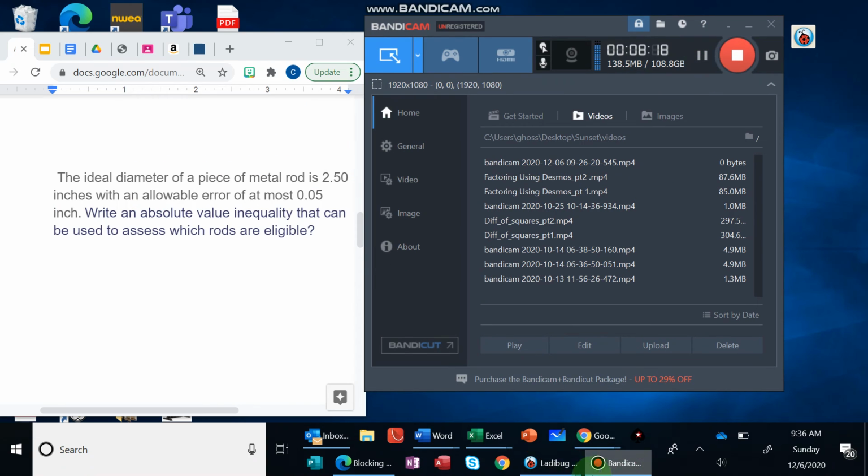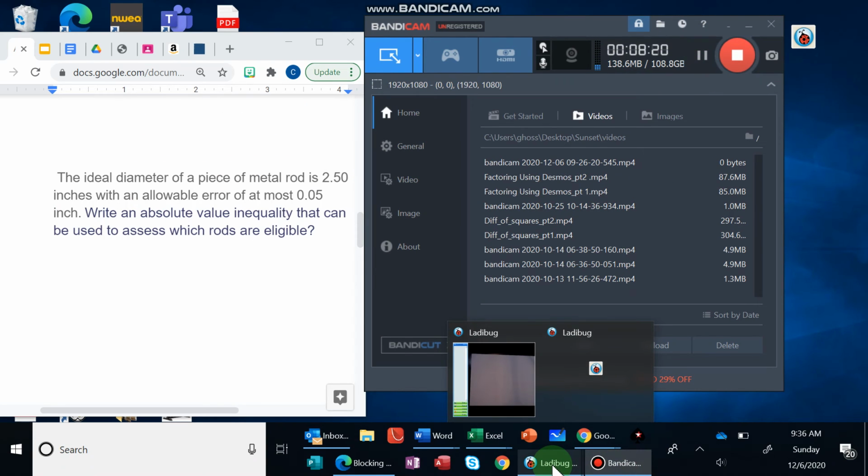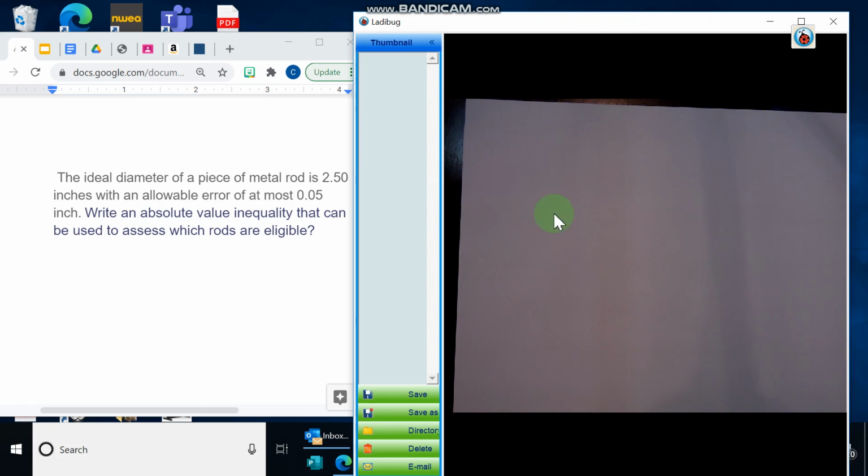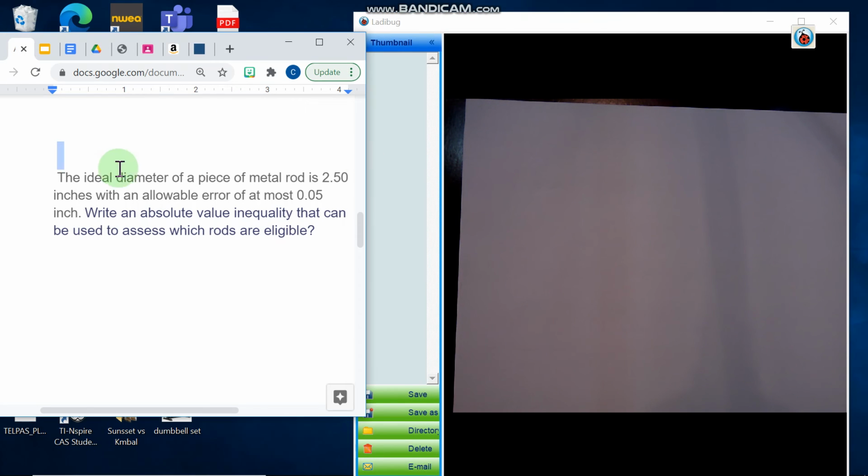Next up, we're going to be looking at writing absolute value inequalities from a word problem. Here, the ideal diameter of a piece of metal rod is 2.5 inches, with an allowable error of at most 0.05 of an inch.